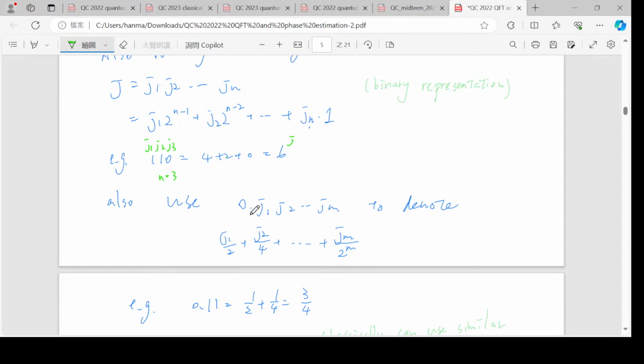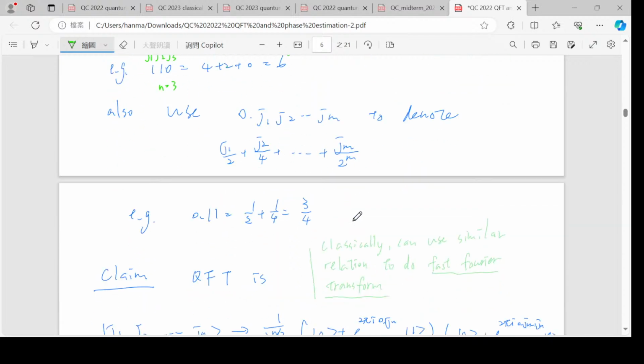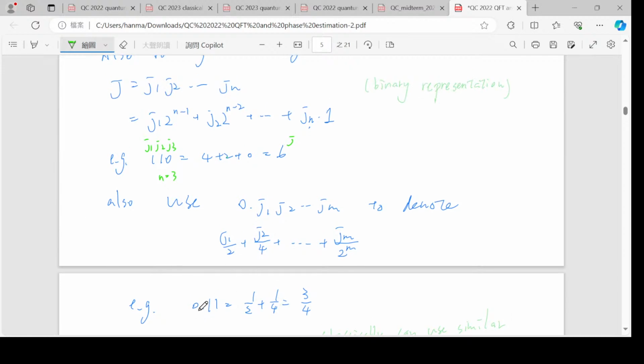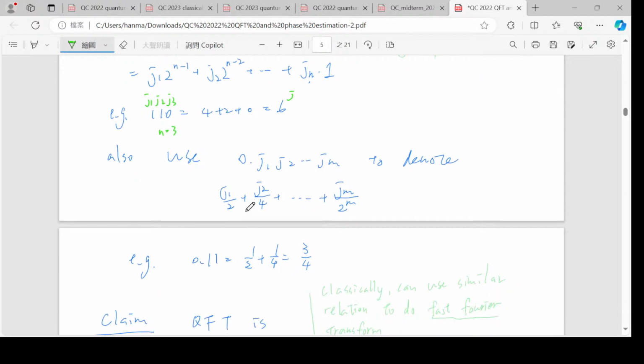It's defined as J1 divided by 2 plus J2 divided by 4, all the way to Jm divided by 2 to the m. For example, 0.11 has J1 equal to 1 and J2 equal to 1, so it's 1 over 2 plus 1 over 4, which is 3 over 4.